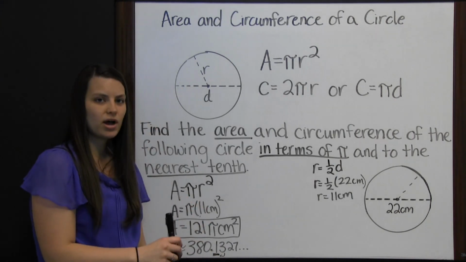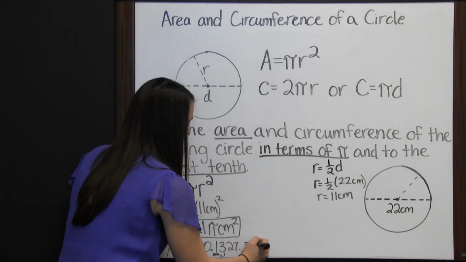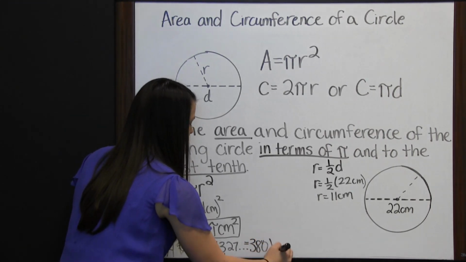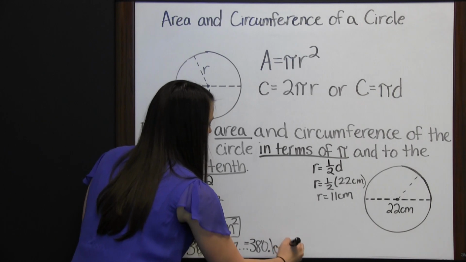The 3 tells the 1 to stay the same, so that would be 380 and 1/10 centimeters squared.